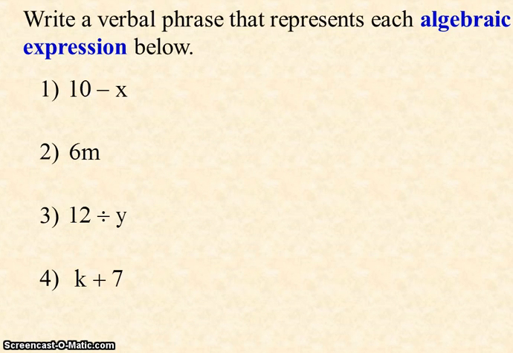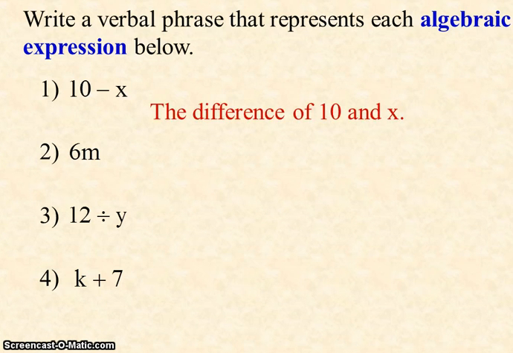So let's do some more practice here with our expressions. What does this mean when I say 10 minus x? Well, it means the difference of 10 and x. Or you could just say 10 subtract a number. Number 2 could mean 6m, okay? That means multiply because there's no operation indicated there. When a number is attached to a letter like that, it's assumed to be multiplication.